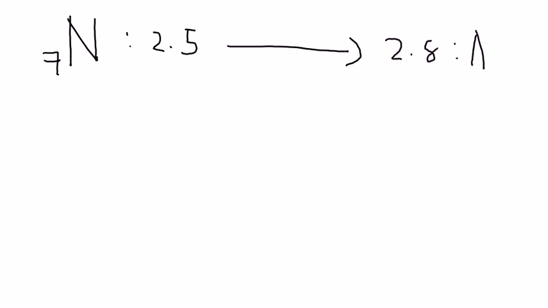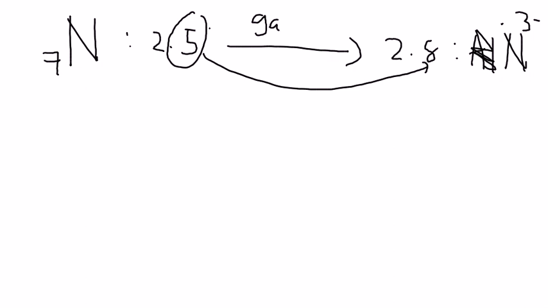So this is nitrogen 3 minus. Because this is the valence electron, it gains 3 electrons in order to become the stable configuration like a noble gas. And this is the drawing.